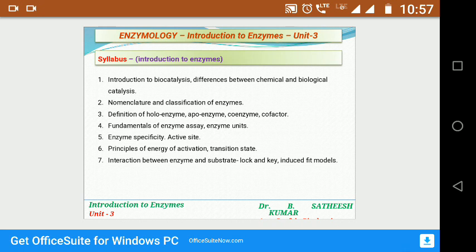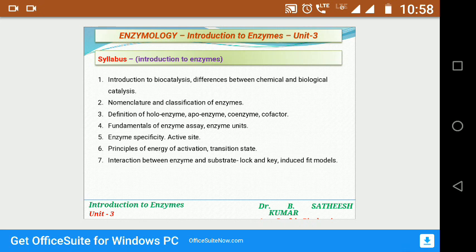Keeping that in view, we have one particular nomenclature process. We are going to discuss that, and in the same way we are going to see the classification of enzymes. The next thing we are going to study in this video lesson is the fifth topic, because the third and fourth ones we will study in the next class.